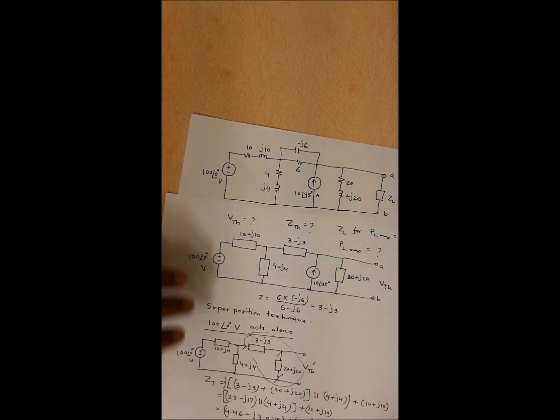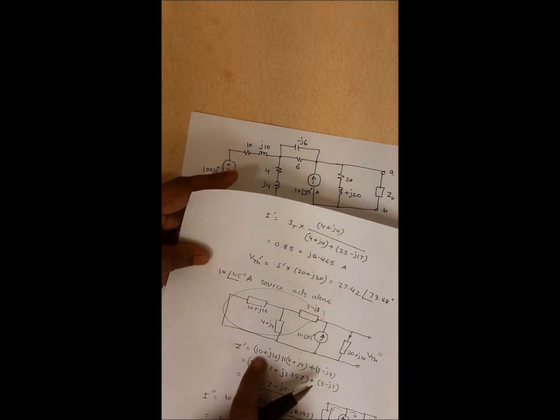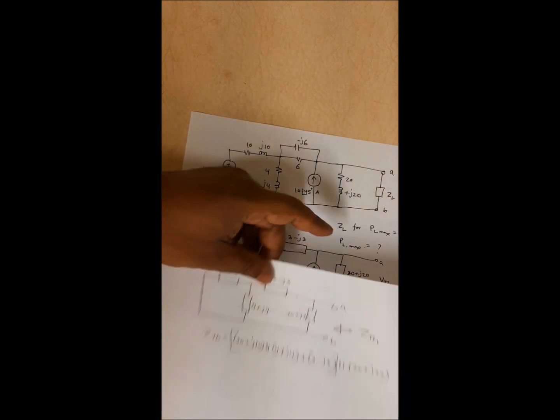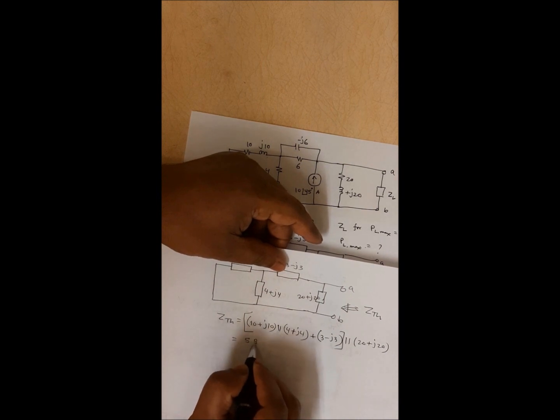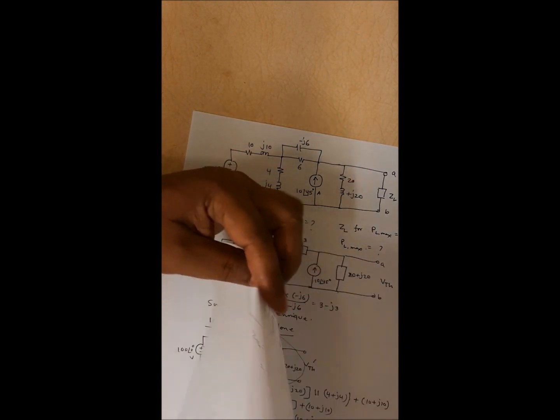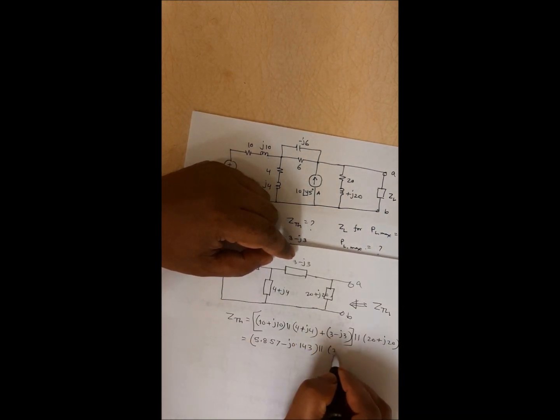I already computed this before, over here. So I computed J10 parallel with this and series with this, and we got 5.857 minus J0.143, and that will be in parallel with 20 plus J20.